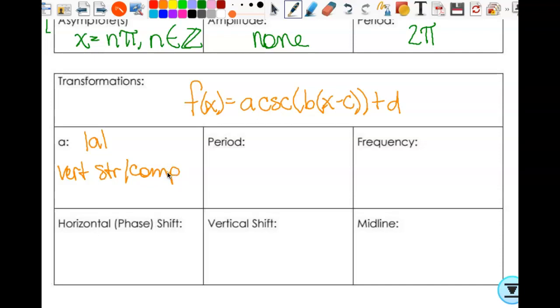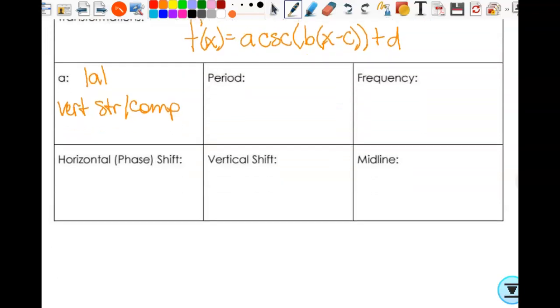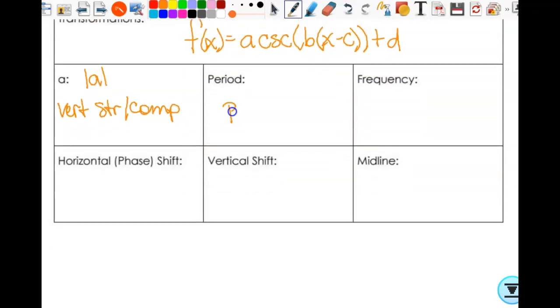The period is still just one cycle, but to find that from here, I would take 2 pi and divide it by the absolute value of b. The frequency is still the absolute value of b. And to find it, we would still do 2 pi divided by the period.